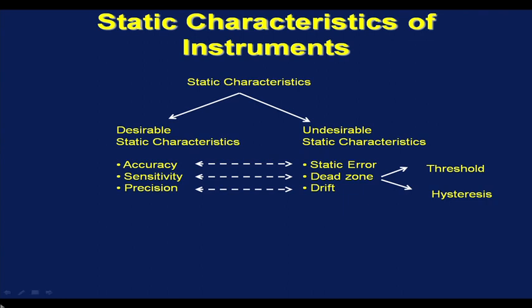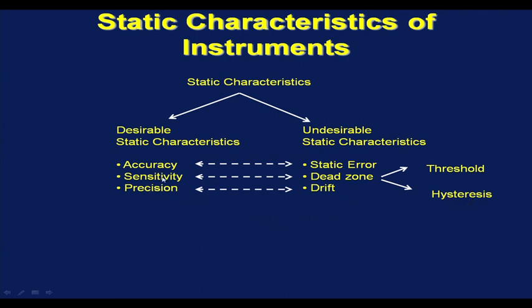Under desirable static characteristics, we have accuracy, sensitivity and precision. Similarly, under undesirable static characteristics, we have static error, dead zone and drift. Dead zone can be a result of threshold or hysteresis.